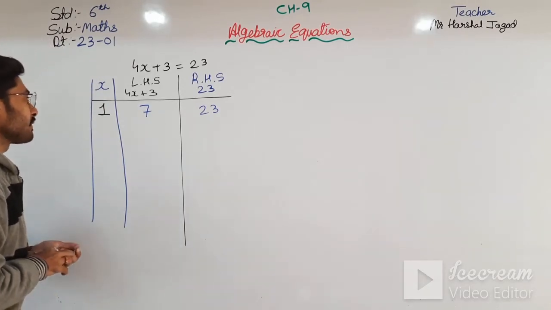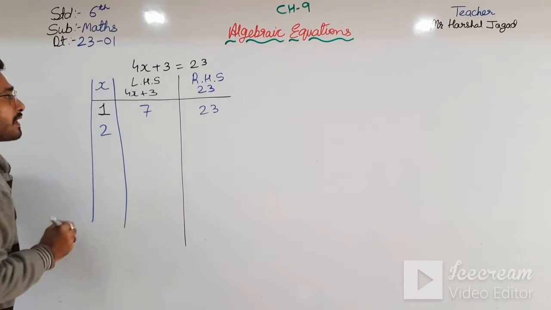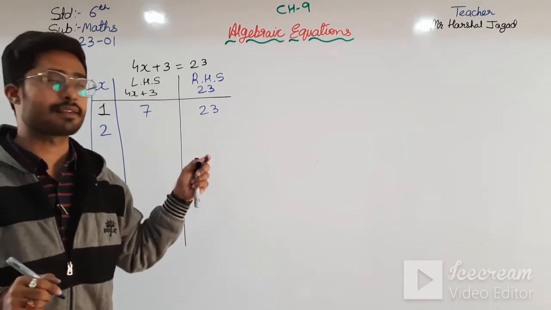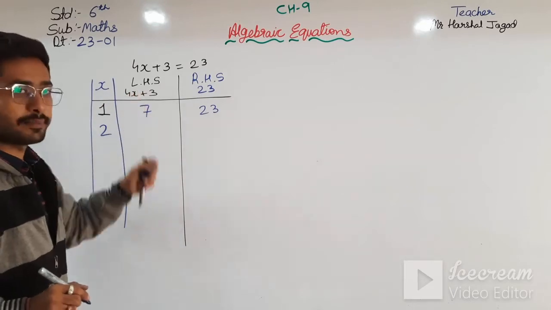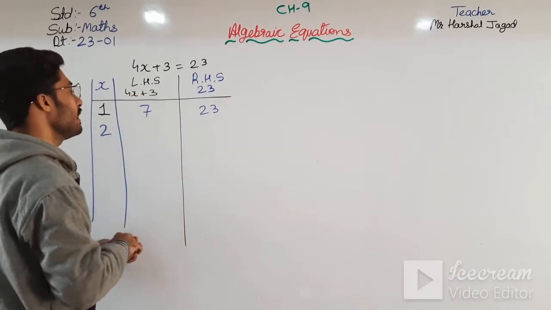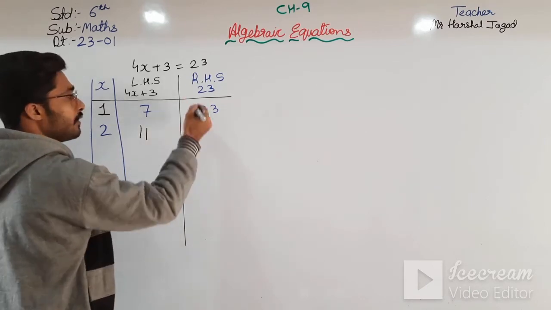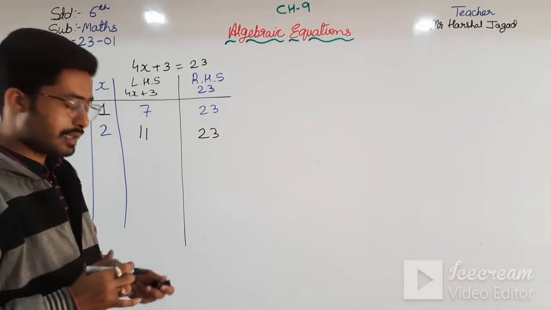Then for x equal to 2, 4 twos are 8, 8 plus 3 is 11. Here you can see no x is there, so the 23 value will remain constant.